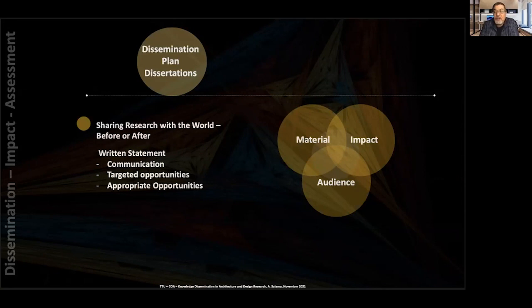For PhD students, the same applies, or even early career researchers. It is important to share your research, to disseminate your research, especially if you are planning to have an academic career or embarking on an academic career journey.